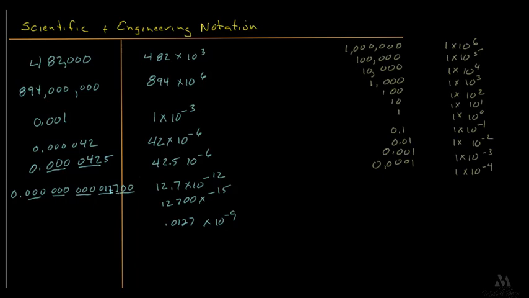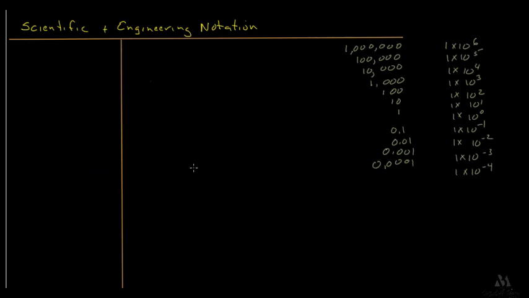Again, fewer decimal point places is usually better, as is fewer zeros. So as humans, we kind of like those smaller numbers with not a lot of zeros and not a lot of numbers in the decimal place. All right, so that's how we get numbers in engineering notation or scientific notation.